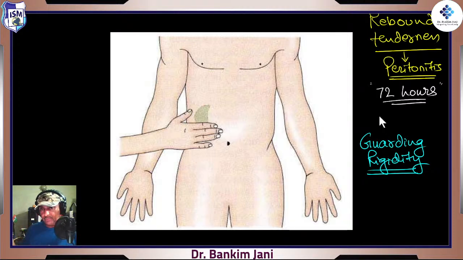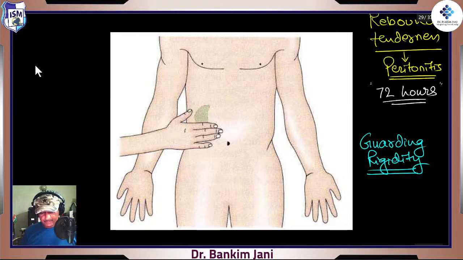This is what you see in intussusception. Because the pain is so high, the abdominal muscles will guard it in such a way, they will become so strong, so contracted, that it becomes completely rigid, so that we can't even feel the things properly. So that is what is called the guarding rigidity, the rigidity of the abdomen, so that they are guarding the underneath area so that we don't palpate, right?